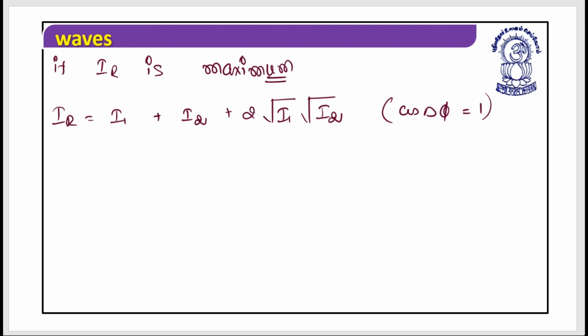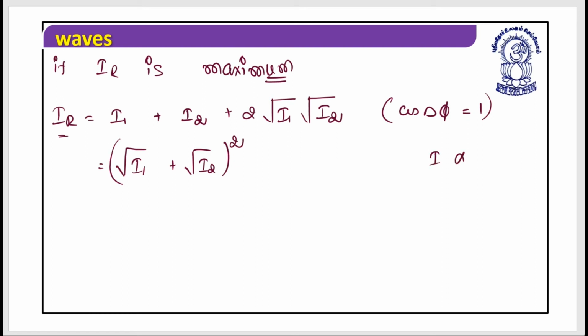So the resulting intensity equals I1 plus I2 plus 2 under root of I1 I2. This could be written as root of I1 plus root of I2, whole square.